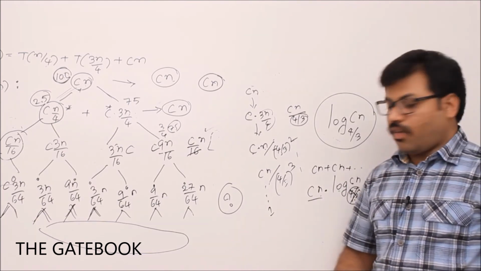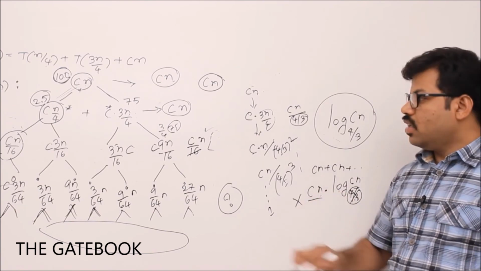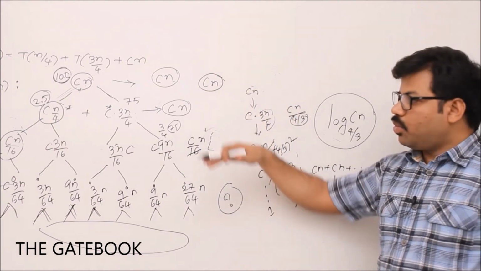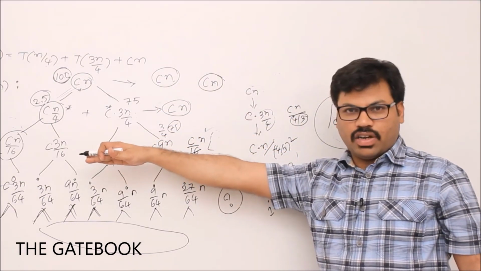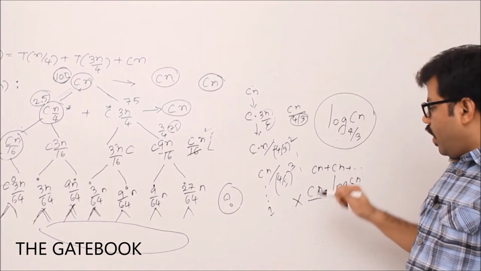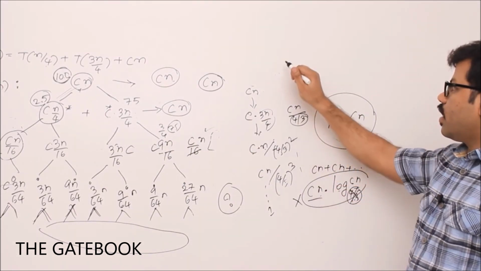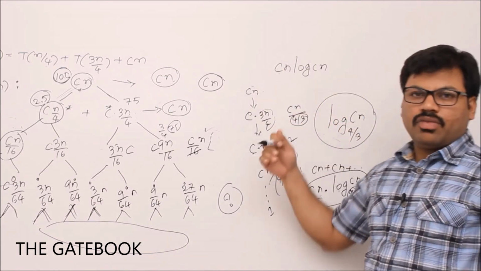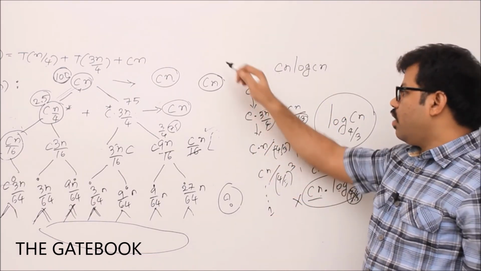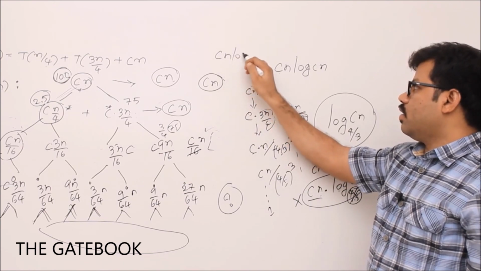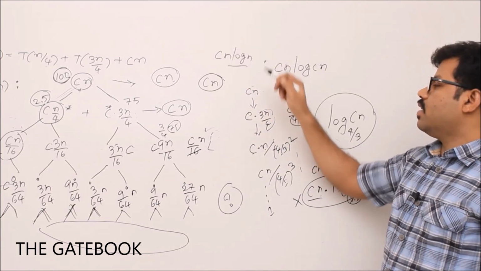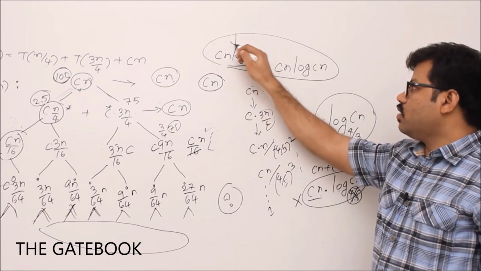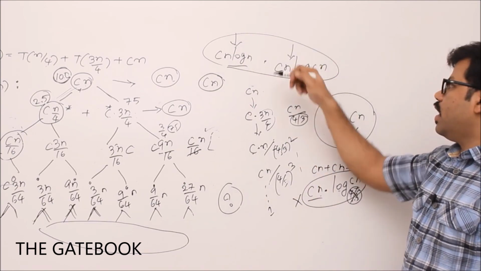Of course this is a wrong answer, because up to these many levels we don't have Cn values. Only up to the shortest level do we have Cn values. So if I exaggerate the answer, you get Cn into log Cn. If I reduce the value and take the lower bound, it will again be Cn into log n. So definitely my answer is in between these two, approximately lower bound Cn log n, upper bound also Cn log n.